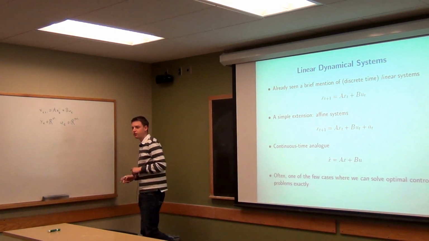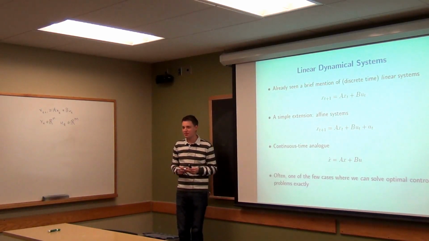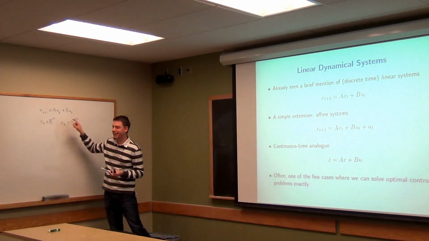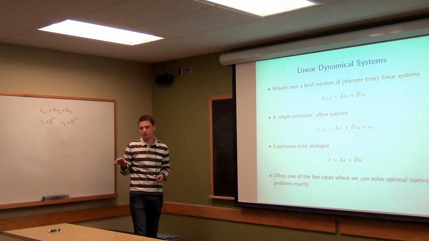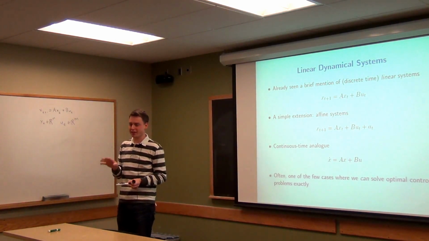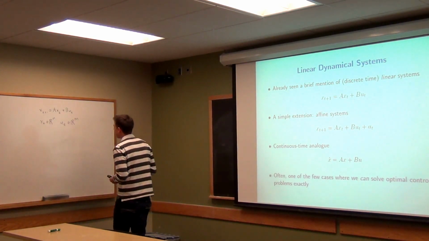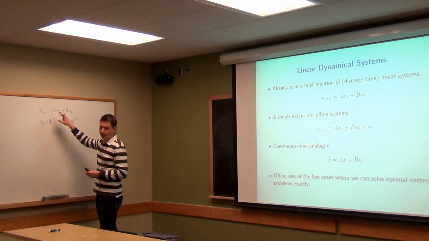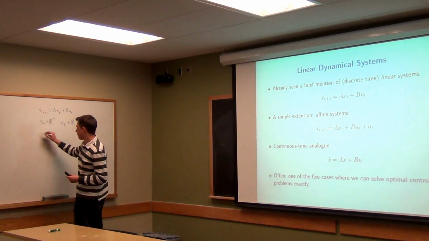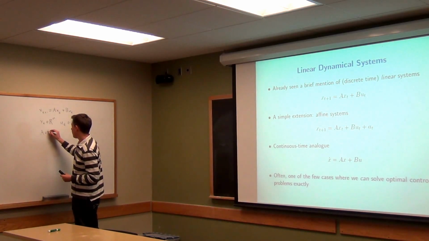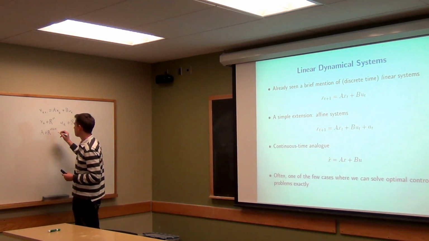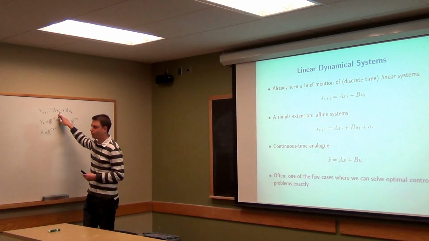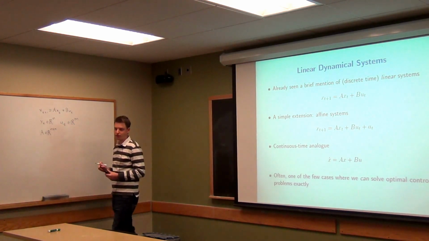Again, apologies for using many different types of notation for what n and m are, but I'm trying to be consistent with what's used in the different fields. So when you see that, you'll be familiar with it. Now, in order for this to make sense, of course, A here has to be an n by n matrix, right? Because we are multiplying an n-dimensional vector, and we want to get out an n-dimensional vector.